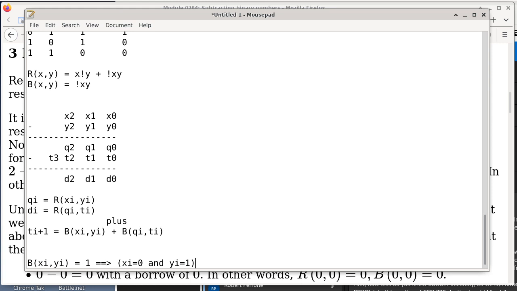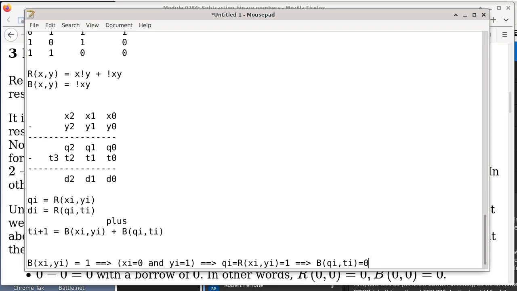Yeah. But it also means qi, which is the r of xi yi, has to be a 1, okay? But this also means the borrow of qi ti has to be a 0.